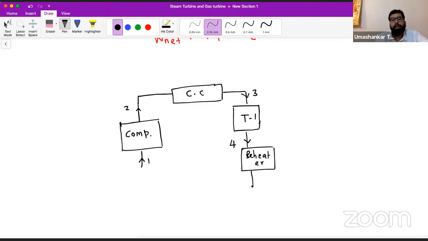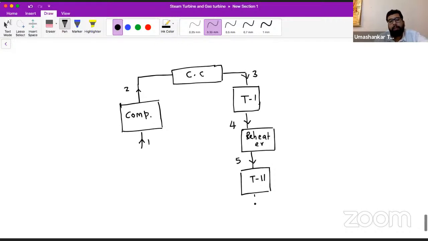After our air leaves the reheater, it enters the next stage of turbine, and we call it turbine 2. After the expansion from turbine 2, it goes as usual. We are putting this cooler just to make the cycle, otherwise mostly it is an open cycle. So this is our reheating cycle.